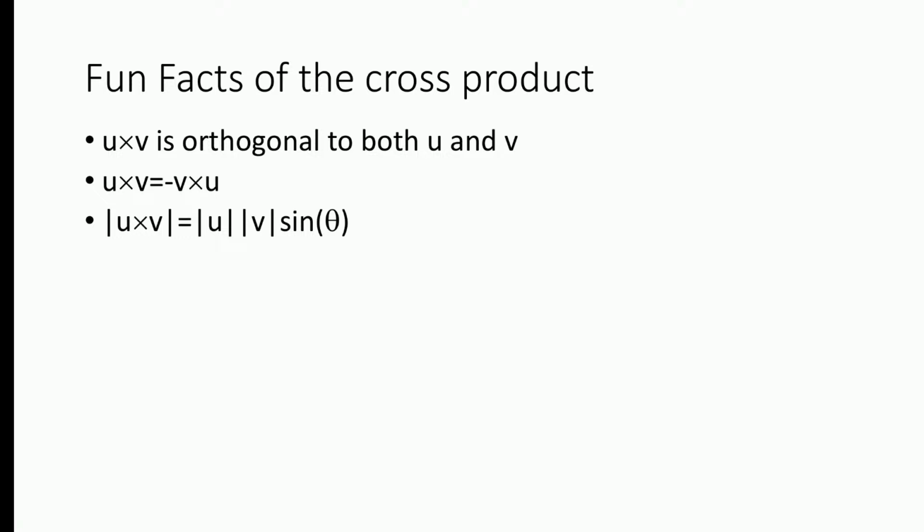If you did the dot product, u dotted with v is the magnitude of u times the magnitude of v times the cosine of the angle. And that comes from the formula for the cosine of the angle between two vectors. So this is kind of an interesting symmetric equation. That's kind of fun, but it gets better.